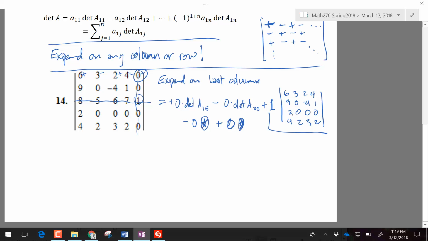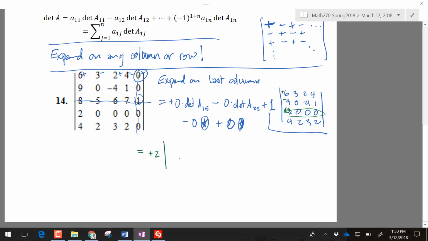So I would be interested in expanding on the third row here in this case. So this is equal to a bunch of zeros plus 1 times the expansion of this. I'm going to have a positive, minus, positive. So this starts with a positive again.